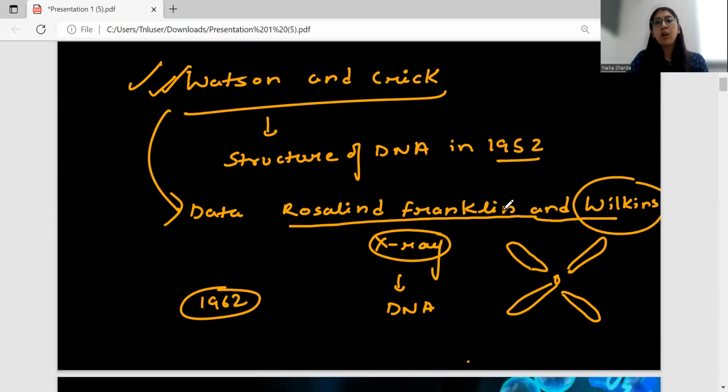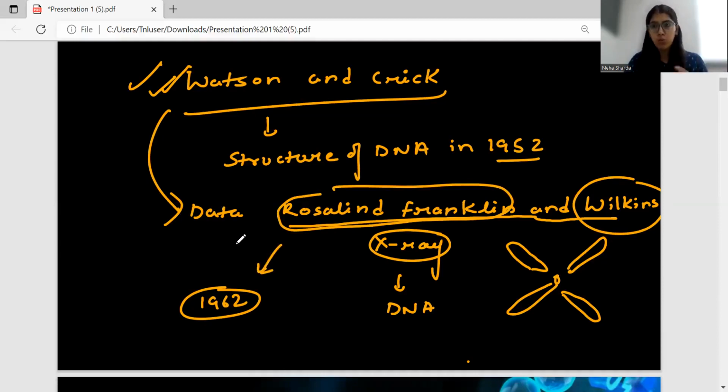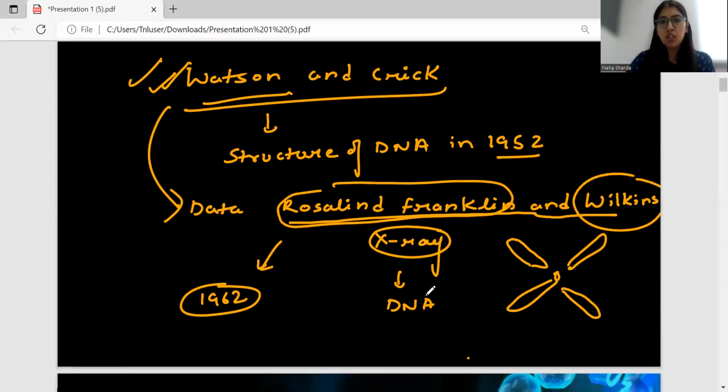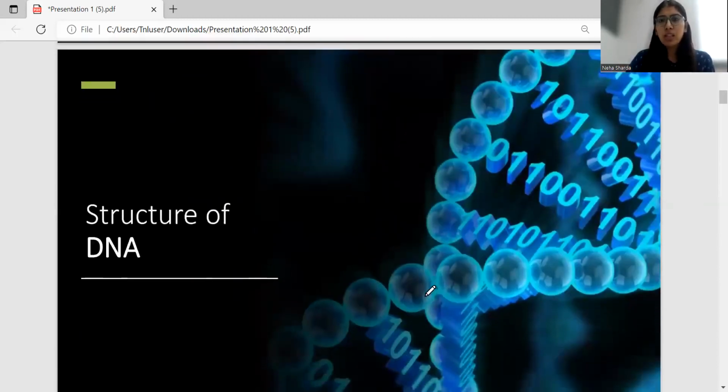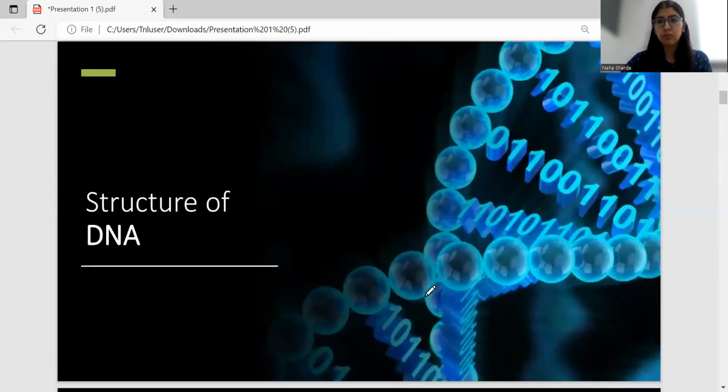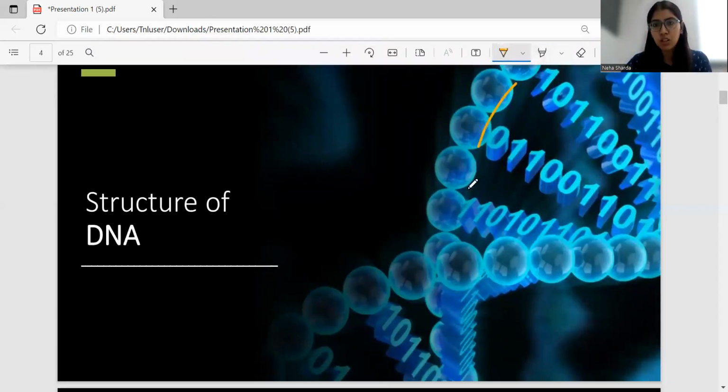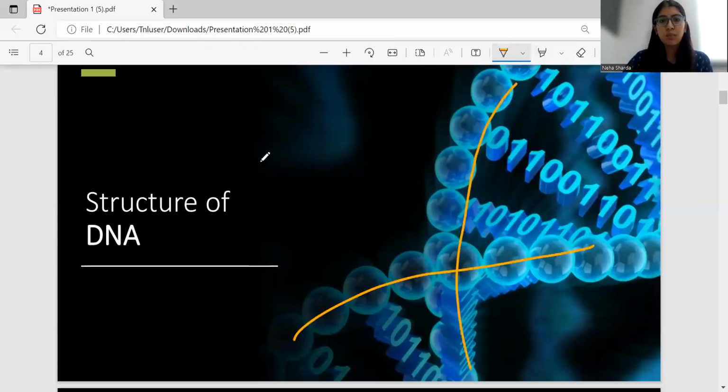Now you are wondering why Rosalind Franklin didn't get the Nobel Prize: because she died before 1962. That is why only Watson, Crick and Wilkins got the Nobel Prize for this amazing discovery, the structure of DNA. So what is the structure of DNA?